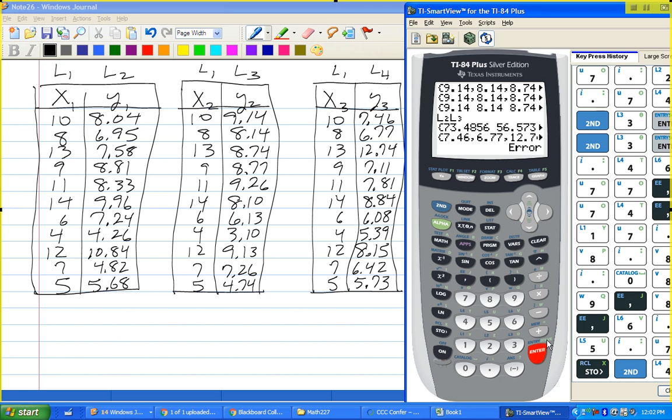Oops, let's see what I... 7 point, what the heck is that? 12.74, 7.11, okay, I moved it much too far, somehow.